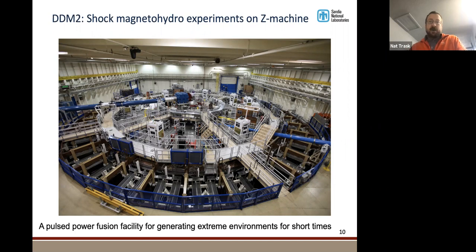This is a pulse power fusion device, and it's not a power generator. It's not meant to generate fusion power that you can use to power homes. It's an experimental facility for generating, over a short window of time, a fusion energy environment so that you can do foundational scientific research.